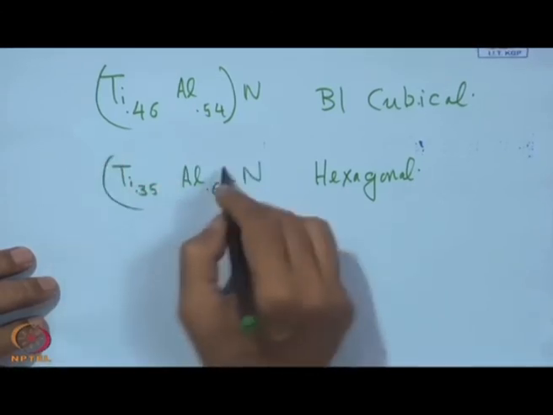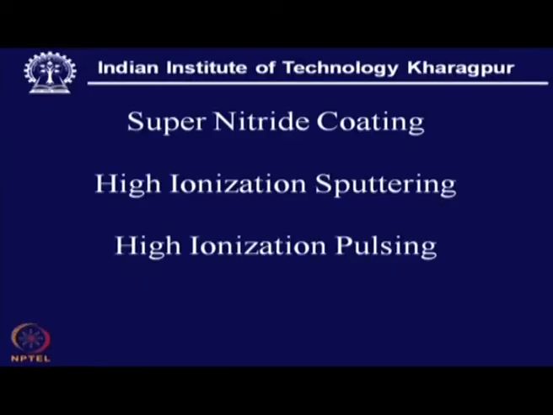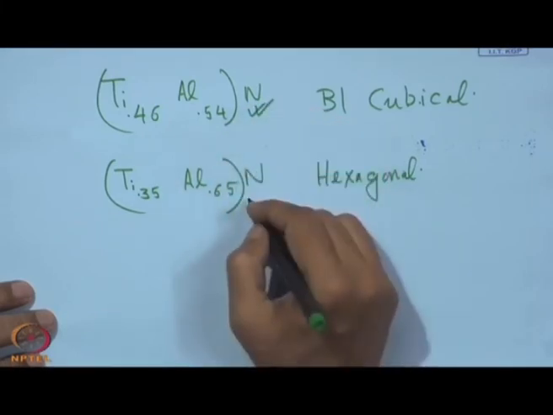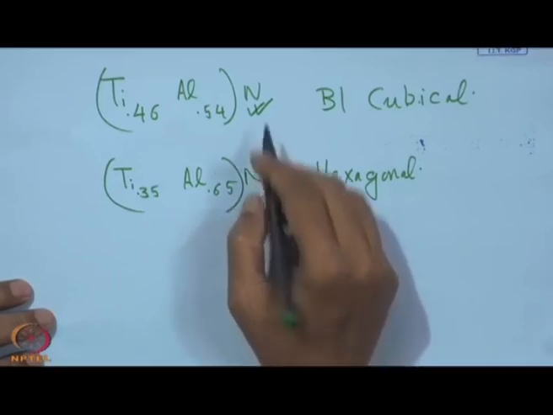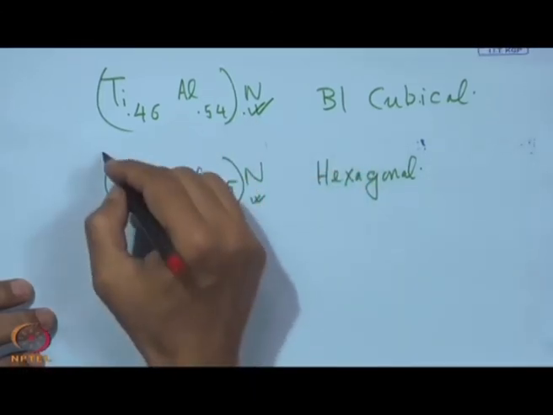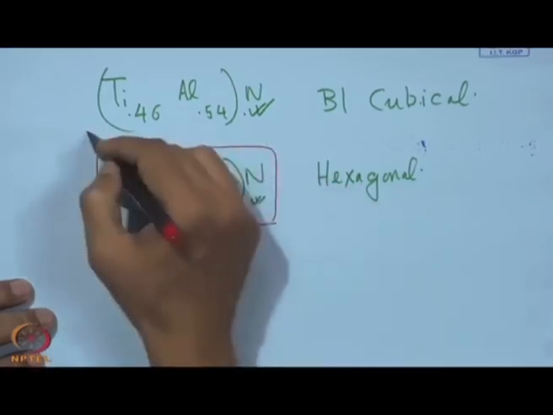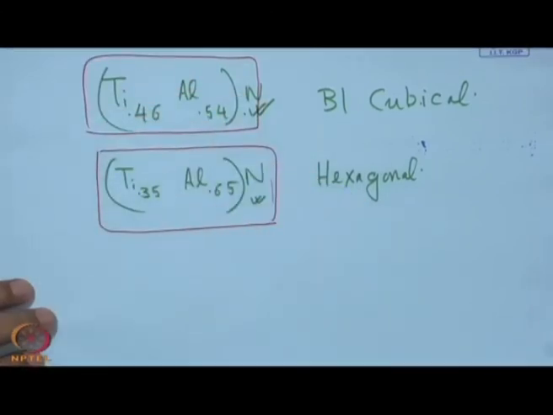And to do this, what we need is this supernitride, and this coating in every respect is harder than this one, denser than this one, and its resistance to oxidation is better than this one. So, this coating is in every respect superior compared to this one, and this is also going to be a metastable state.